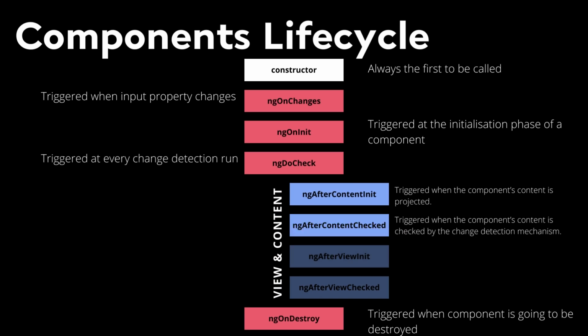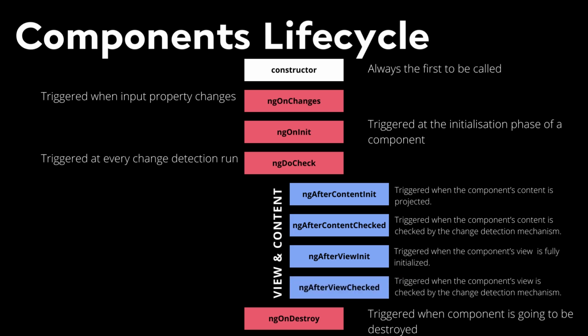The ngAfterContentChecked hook is triggered when the component's content is checked by the change detection mechanism. The ngAfterViewInit hook is triggered when the component's view is fully initialized. And the last one, the ngAfterViewChecked hook is triggered when the component's view is checked by the change detection mechanism.